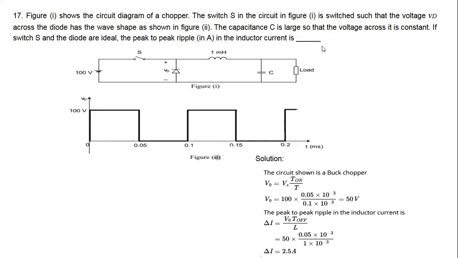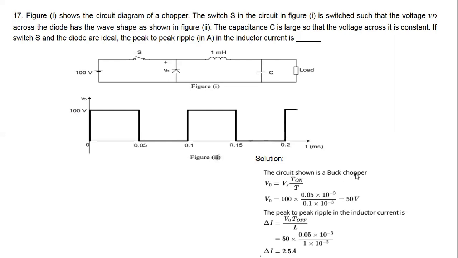It is given that the capacitance is so large that the voltage across the capacitor is constant. And this is the circuit given. From the circuit, it is clearly known that the circuit is a buck converter, or buck chopper, or step-down chopper. And the second waveform shows the diode voltage.